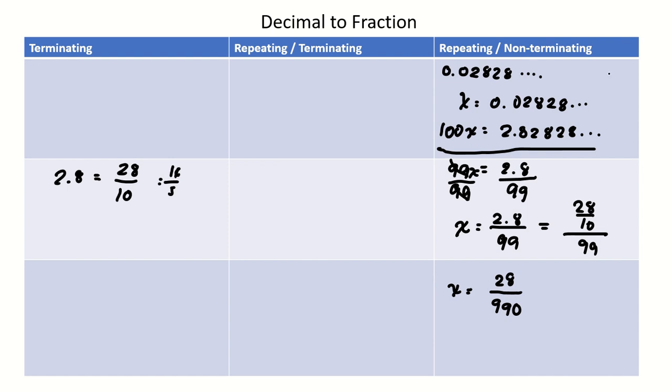So divide both numerator and denominator by 2. So this is going to be 14 divided by 495. Okay, and that's it. 0.02828 is equal to 14 over 495.